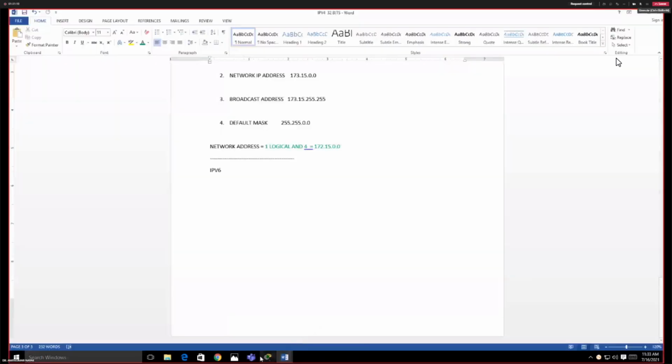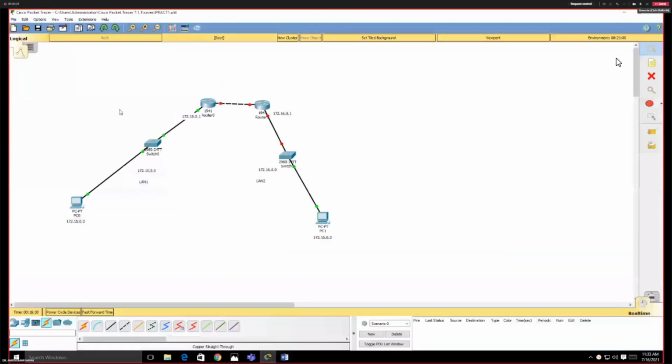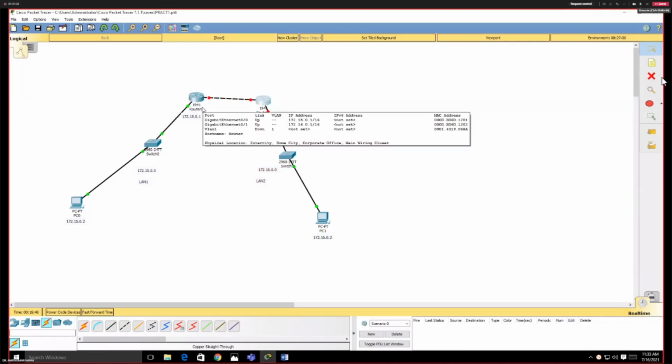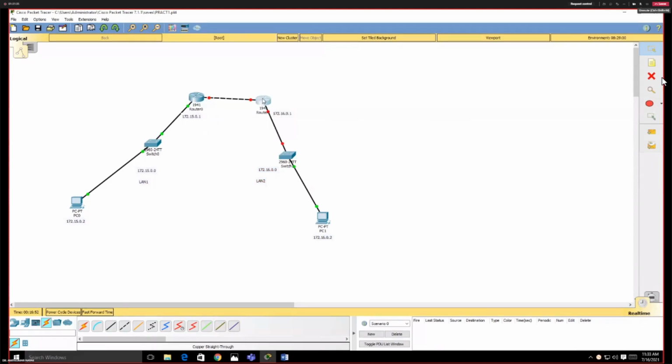So in this case, LAN 1 is there, LAN 2 is there, but between these two routers, because every interface of a router represents one network, we require one network over here, one more network over here, and the section between the two routers requires one more network address.